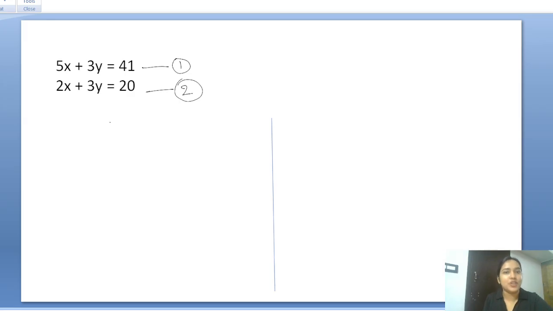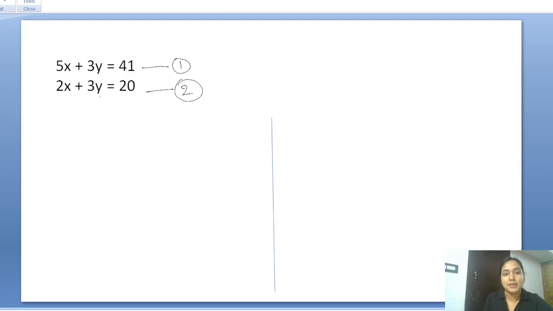We can eliminate one of the variables. We can either eliminate x from both the equations or y from both the equations. If we eliminate x, what is left? Yes, what is left is the y term and a number. So we get the value of y.